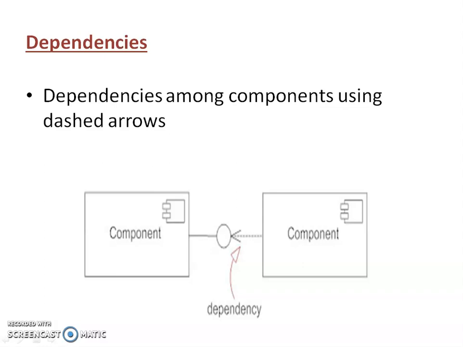Next one is dependencies. A dependency indicates the dependencies among components, several components. It is indicated through a dashed arrow mark. This indicates the dependency from the component to the interface.